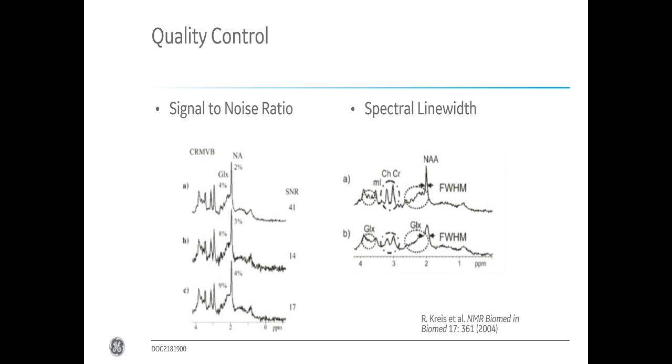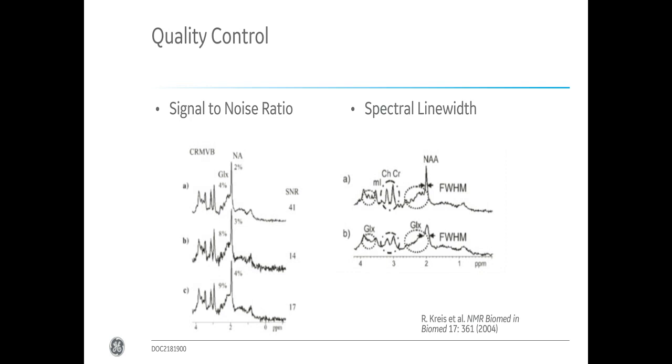If we are looking into quantification, how does SNR have an effect on it? We would call all these three spectra good enough for visual diagnosis. If we are looking at quantification in the end, we see that the lower the SNR, the less reproducible the results of our quantification are.